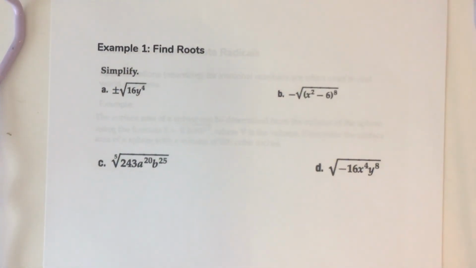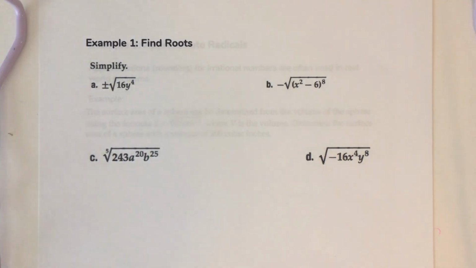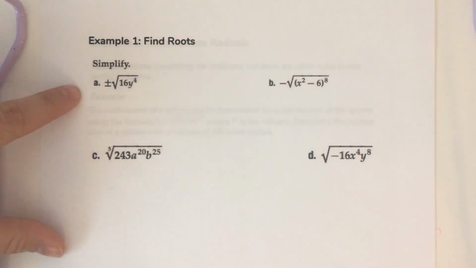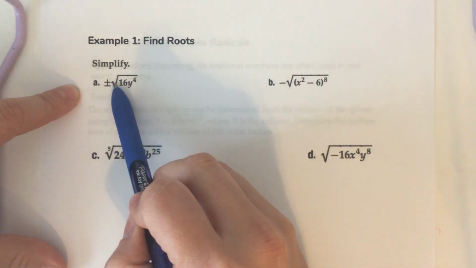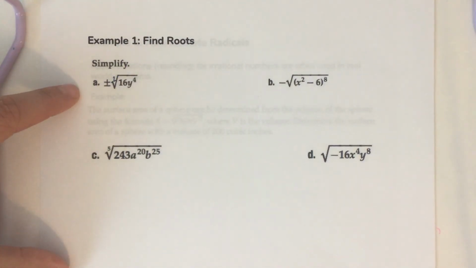These look a little scarier than what we did at the very beginning of the lesson, but they really aren't too bad. The plus or minus is there because they want us to include a plus or minus in the end if we're looking at this one right here. And if there's not a number inside this little check mark, we always assume it's a 2. It's always a square root, what we're used to seeing.